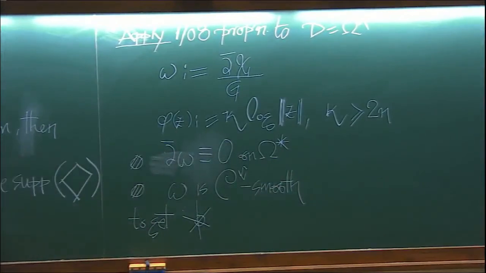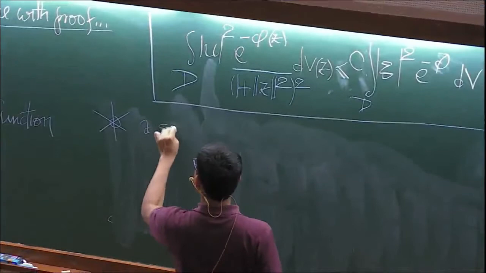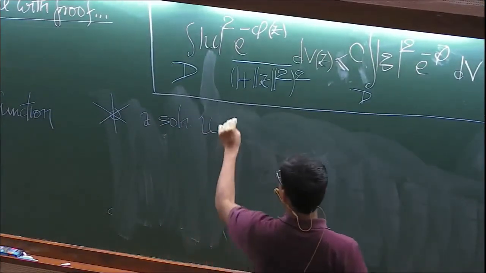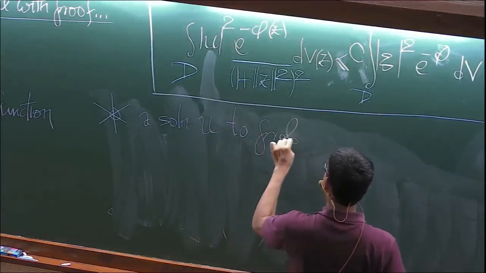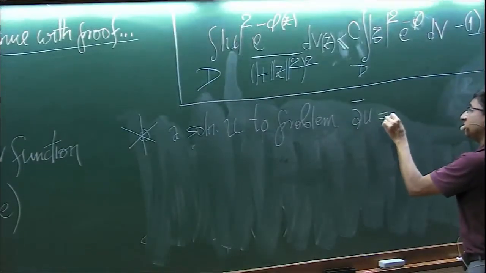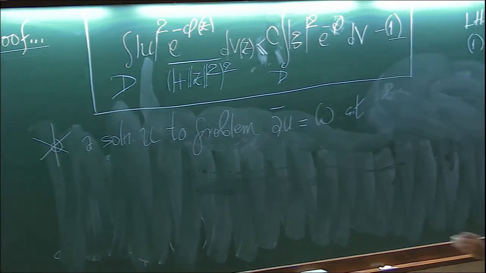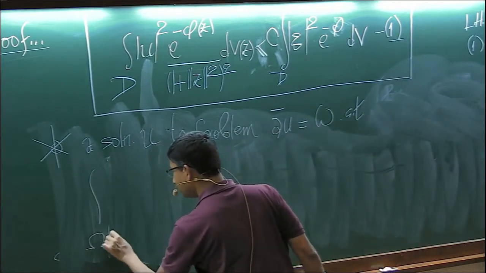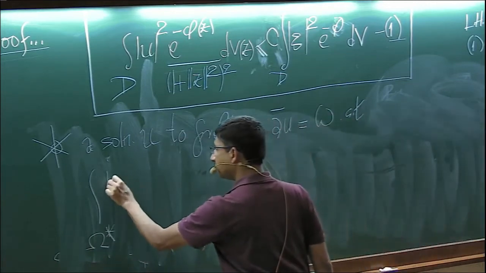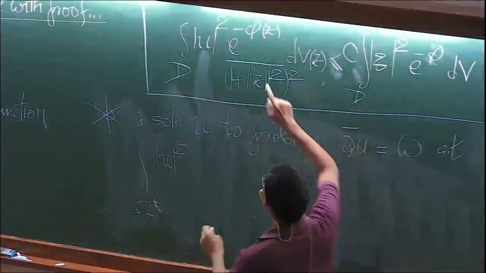So what do I get? To get a solution U to the d bar problem, the problem d bar of U is equal to this chap over here, omega, such that, please check that my choice of phi is plurisubharmonic, and so therefore we get the integral on omega star of norm u squared times, let's look at this now.